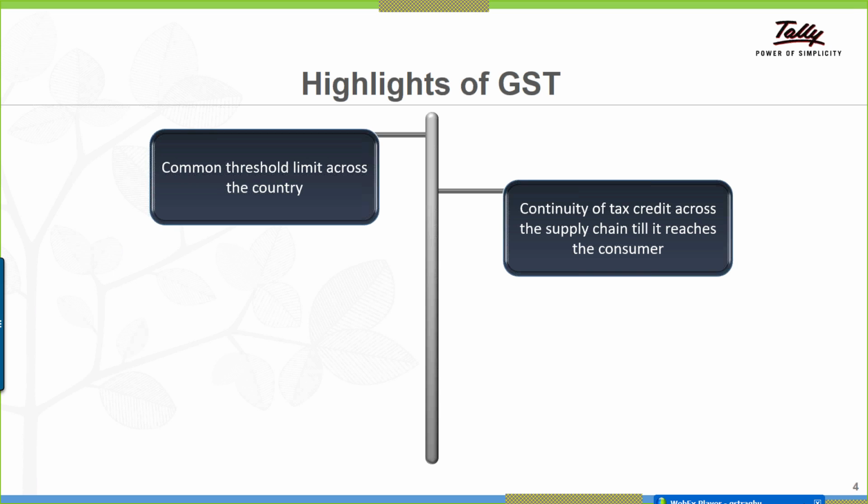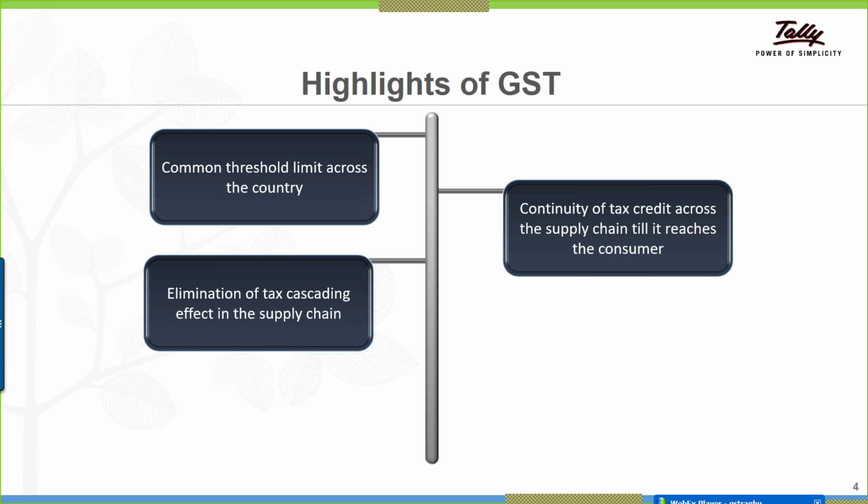Take the example of the current regime of excise: the manufacturer sells to a trade dealer, and the dealer cannot avail the input of excise. He has to add it to his cost. That is not there now. There is no concept of manufacturer or dealer or trader. It is simply a supply of goods or services, so each and every one will get an input credit in the supply chain till it reaches the end user.